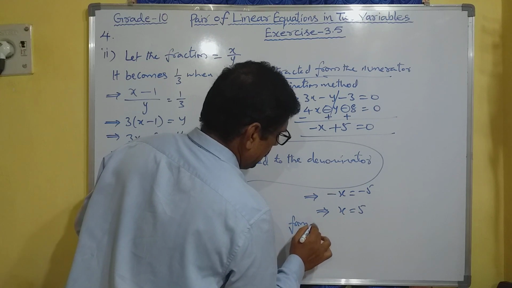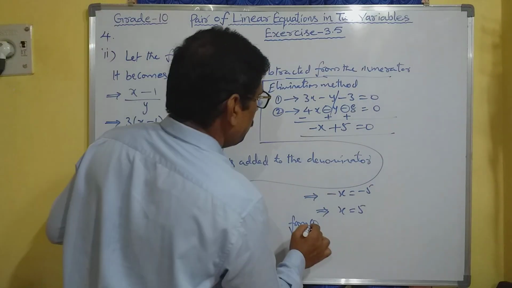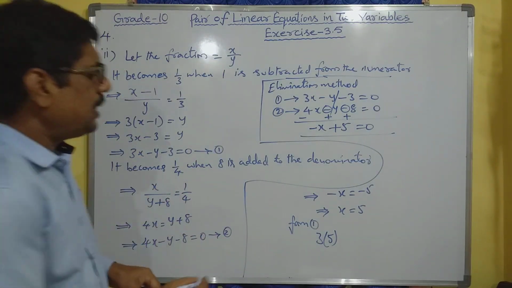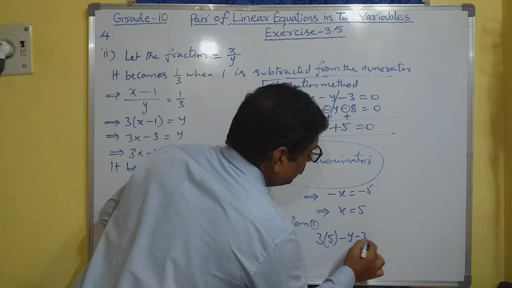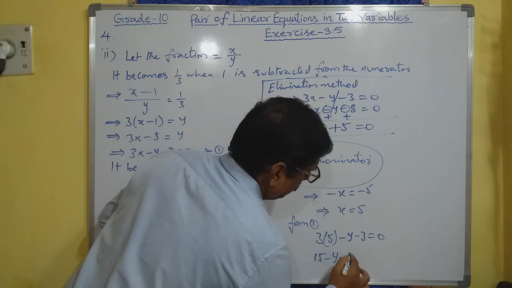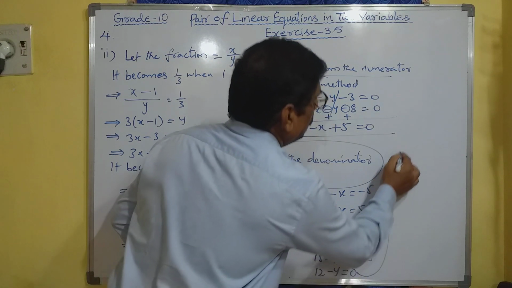From any one of the equations, take the first equation, and substitute this x value. 3x minus y minus 3 is equal to 0. 15 minus y minus 3, so 12 minus y is equal to 0.